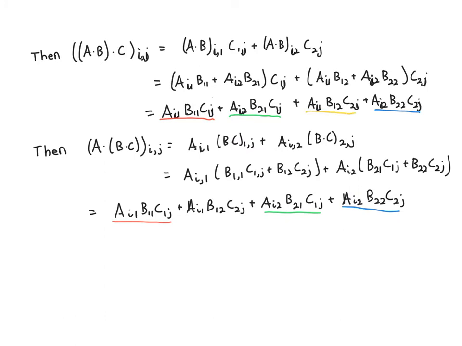And the third term up here is the second term down here. But since addition is commutative for real numbers, and these two expressions are in fact real numbers, that means that these two expressions are equal. So we actually do have that this first expression is equal to this expression.